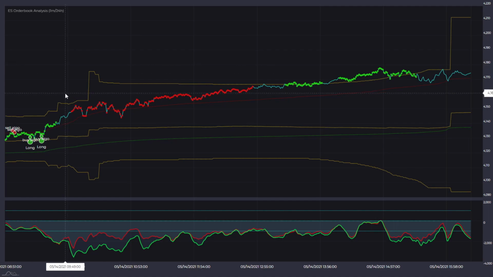So this is not linear, and you will see sometimes that these dots can be red for an extended period of time while the market goes up, or in opposite situations when the market is dropping for a couple of hours and the dots indicate that the sentiment on the order book is long, right?